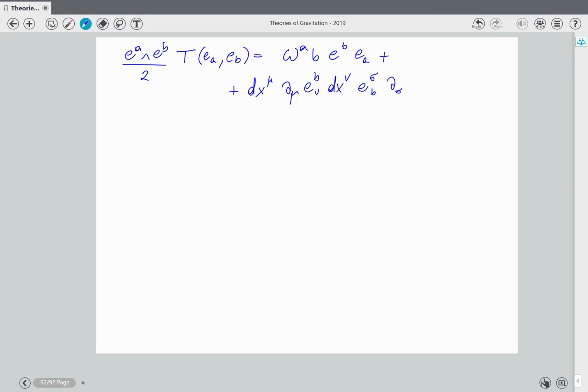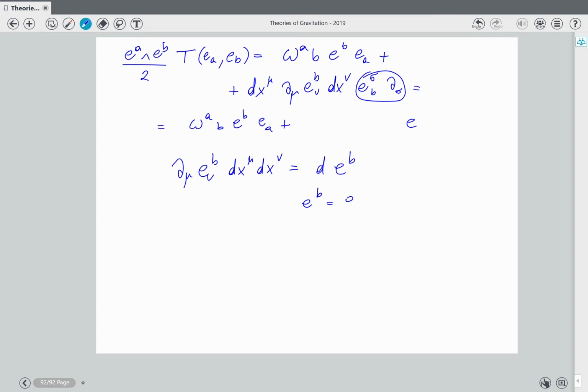Now what is this? This is now clearer to understand. Why? Because recall that this is the vector EB. This is the vector EB. And the rest, just check it, d mu e nu b dx mu dx nu, that's just the exterior derivative of EB, where EB is the form.